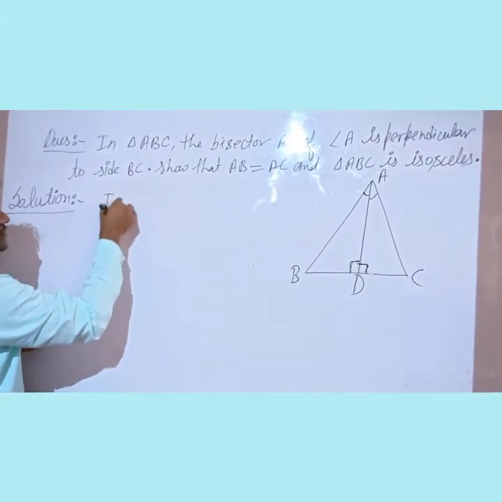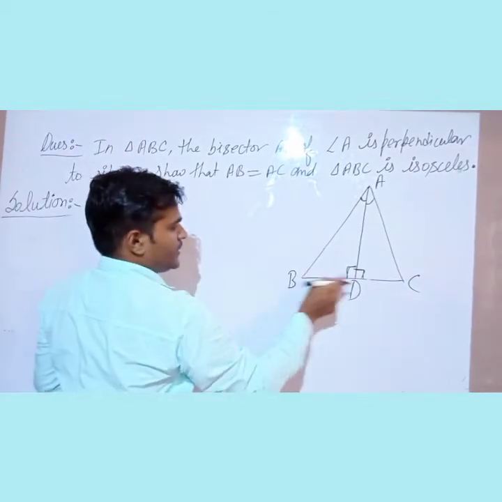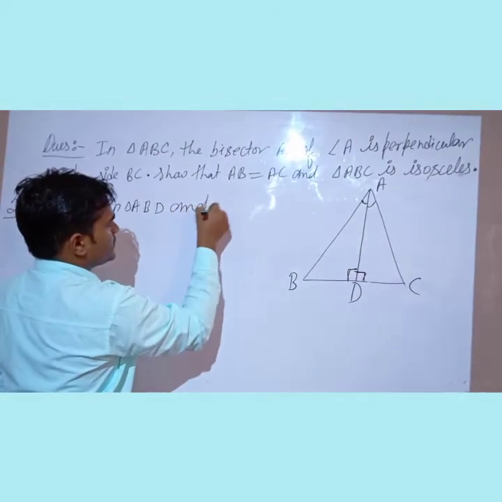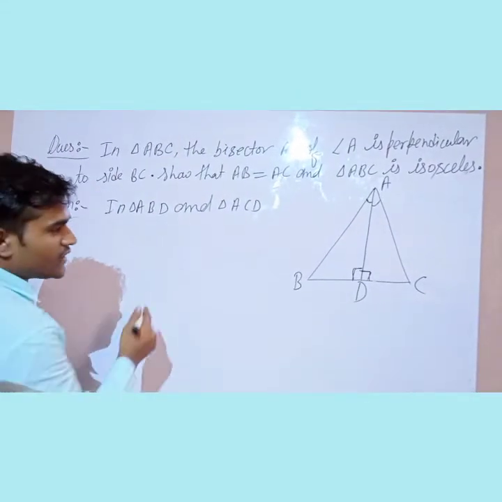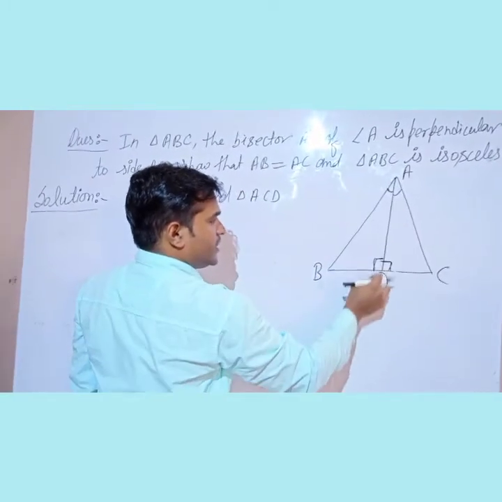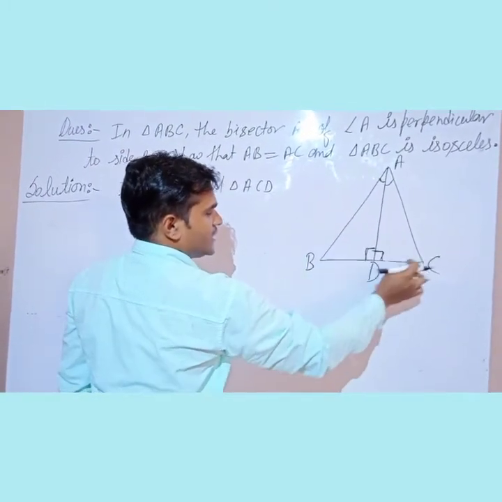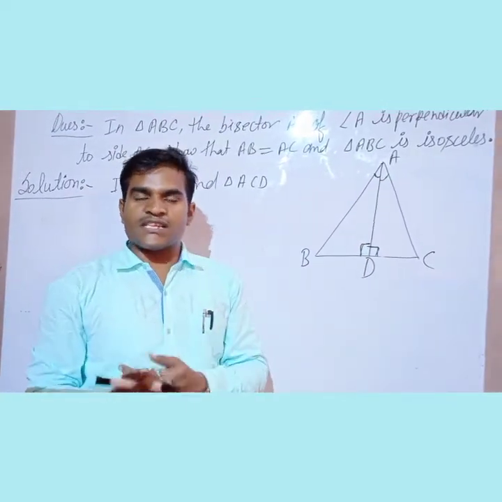In triangle ABD and triangle ACD, children, it is given that angle BAD and angle CAD are both equal. Why are these two angles equal?